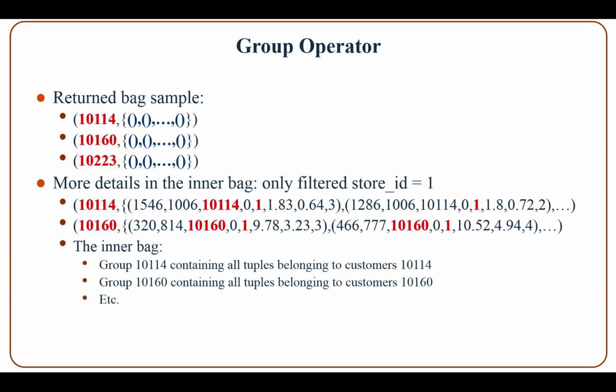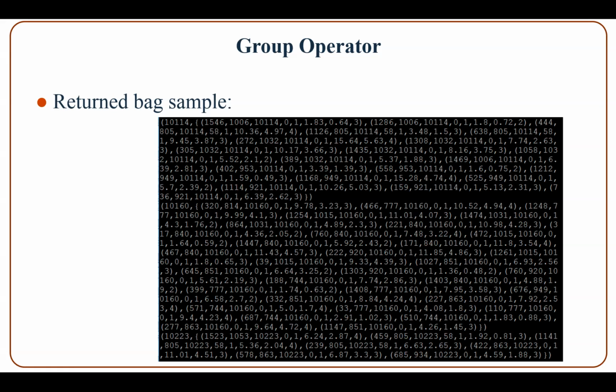The group is customer ID, and then in the inner bag, for example, for group 10114, you see all tuples belonging to this customer, and similarly for customer 10160. The inner bag contains all the tuples belonging to that customer, and this is what you see in the shell.